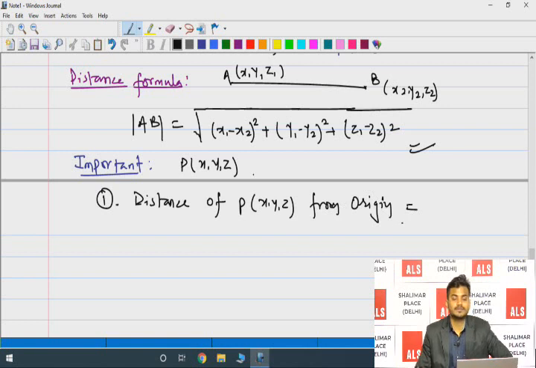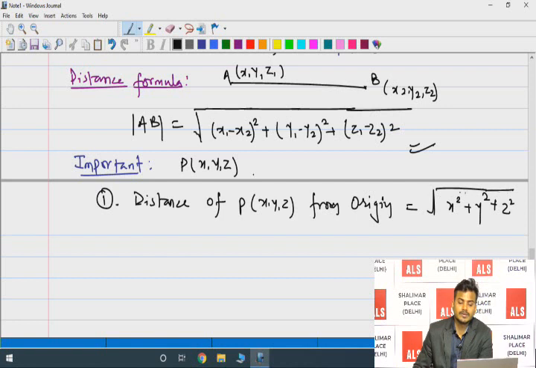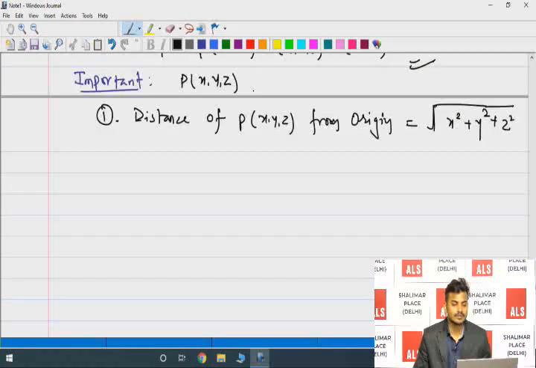From origin means if x, y, z are the coordinates of one point, which is x1, y1, z1, then what is x2, y2, z2? 0, 0, 0. So when you apply this formula, you will get x square plus y square plus z square. Is that clear? Root over x square plus y square plus z square.